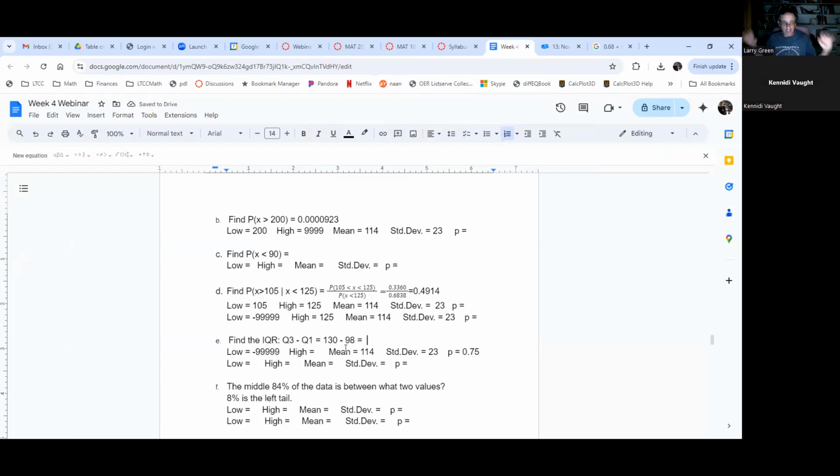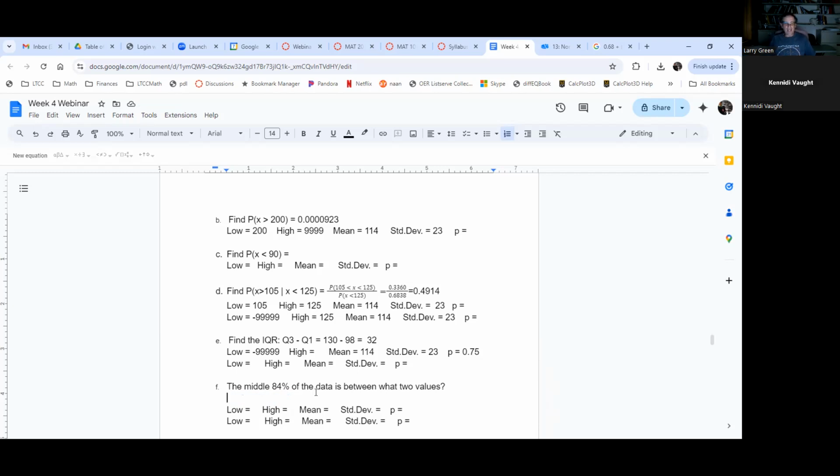If they say round to 4 decimals, round to 4 decimals. And the IQR is 32. Any questions on that? That clear?